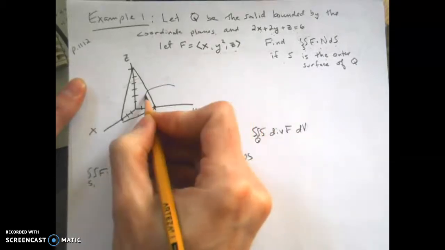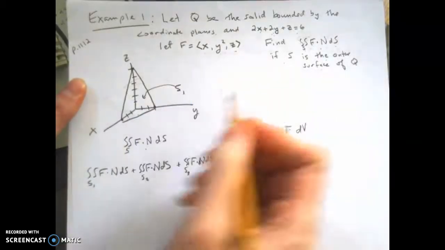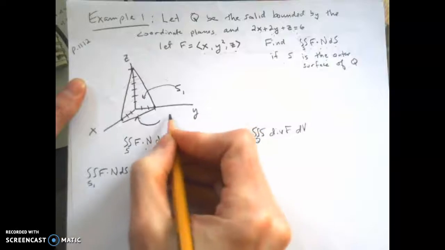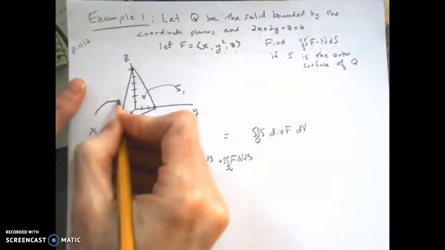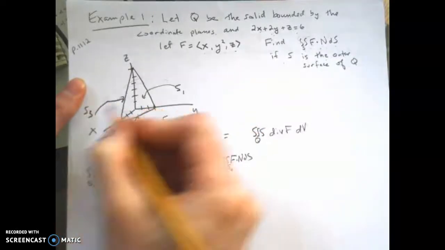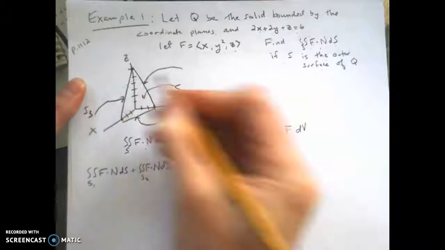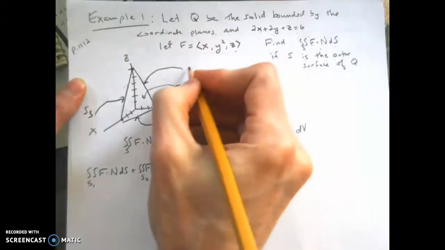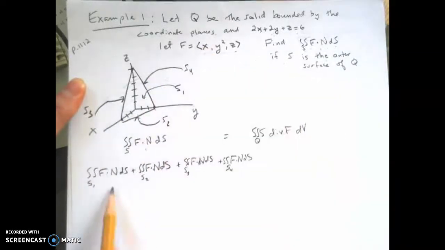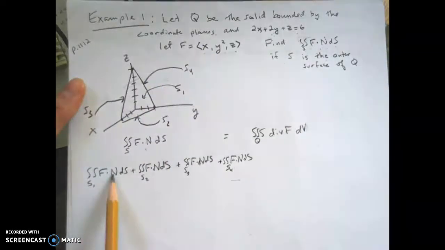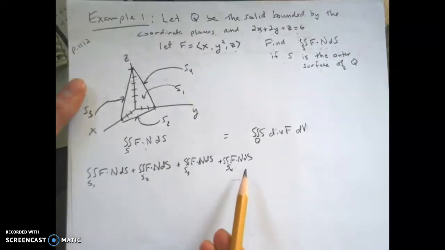We'd maybe define this front surface as S1, maybe the bottom is going to be S2, maybe this left surface and back is going to be S3, and then this back surface over here that lies on the yz plane would be S4. And we have to do all 4 of these differently. Notice your normals on each of these surfaces are going to be different.